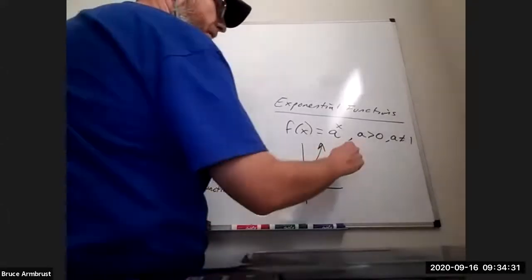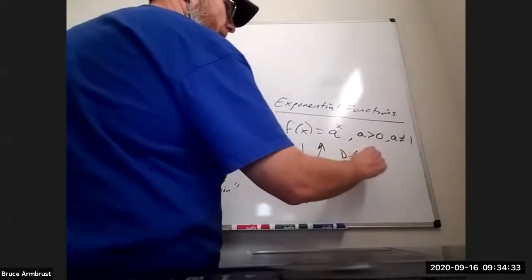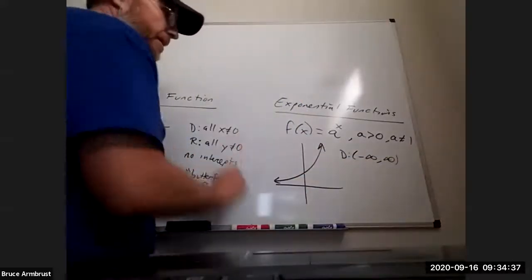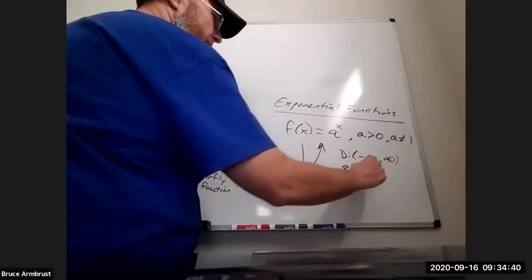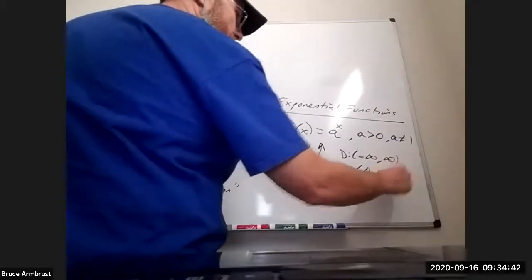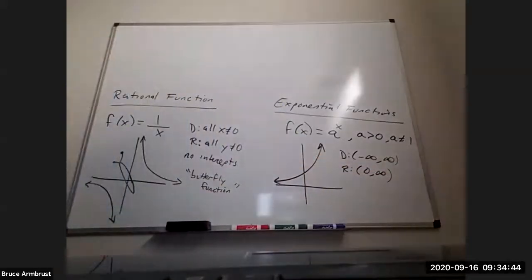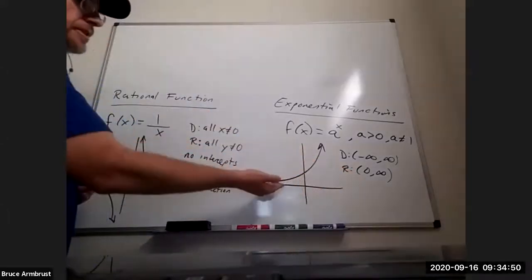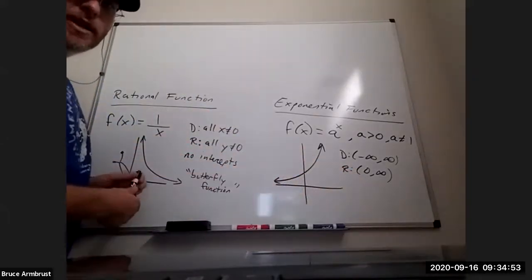So let's go through our list of things that we know about it. In terms of its domain, the domain is all real numbers. Plug anything you want in. In terms of the range, it's 0 to infinity, but this 0 is not included. We never actually reach 0, but we get as close as we want.